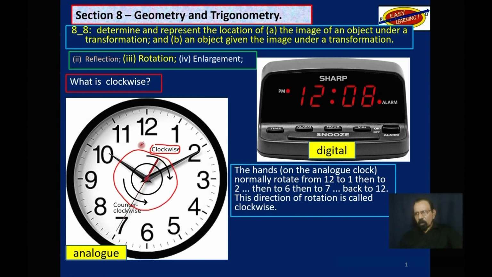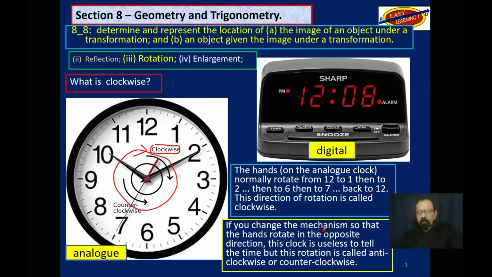That is clockwise. Now, if you change the mechanism of that clock so that the hands rotate in the opposite direction, then this clock is useless to tell the time. But this new rotation in the opposite direction is called anti-clockwise or counterclockwise.